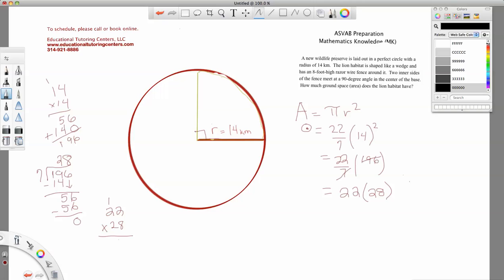So 2 times 8 is 16, and 2 times 8 here is 16 plus 1 makes 17. 2 times 2 is 4, and 2 times 2 is 4 again. Okay, and so multiplication increases things, and so does adding. They go together. Here we saw that dividing things makes something smaller, and so does subtraction.